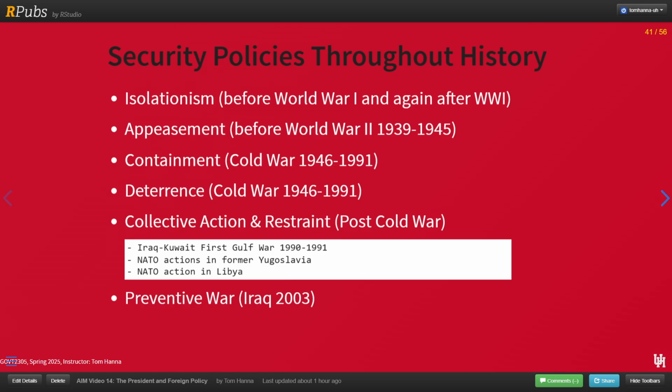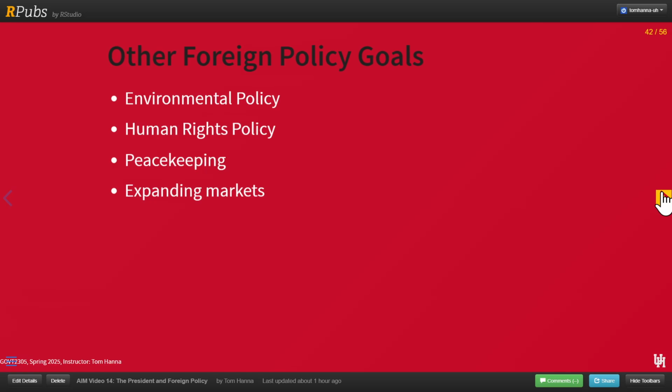Because in a world where nuclear weapons exist, the first punch could be a nuclear punch, and you don't have to wait for that. I will talk shortly about the Bush Doctrine, but that was preventive war, and that started with the invasion of Iraq in 2003. So that's a summary basically of our security policies.